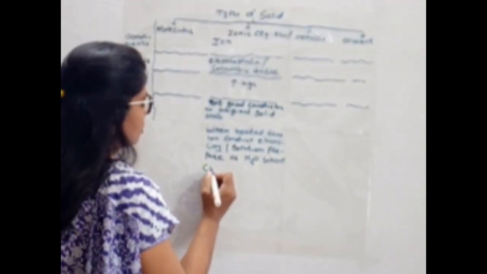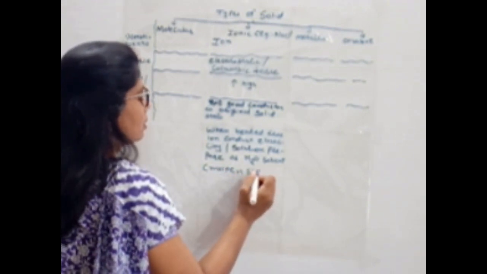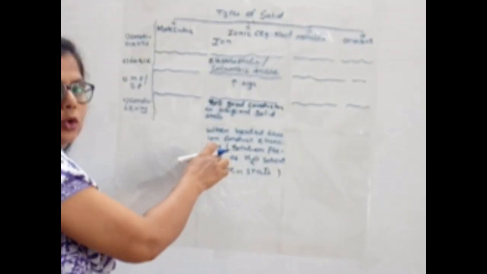When the solution is prepared of this solid ionic, or when it is in the molten state. Molten state. So these are the two conditions when the ionic solids become a good conductor.